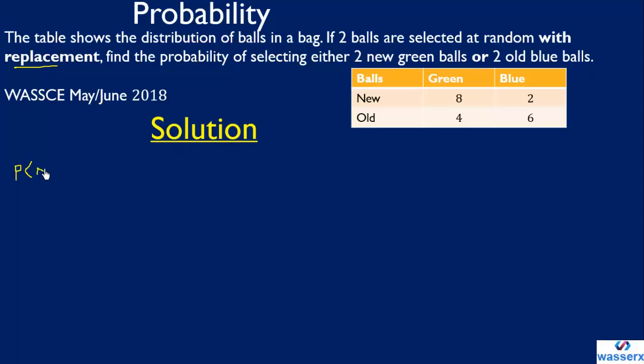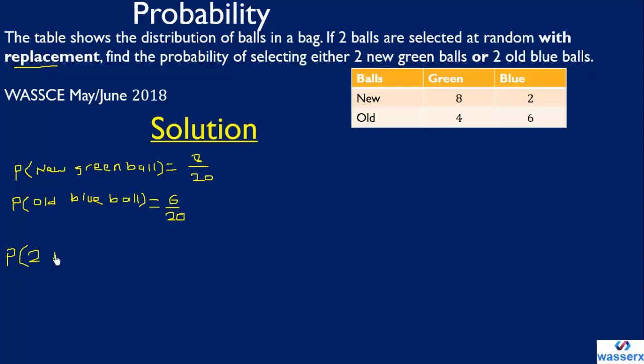So we know the probability of a new green ball is equal to 8 over the total number of balls, which is 20. Then the probability of an old blue ball is equal to 6 over the total number, which is 20. So now we are asked to find the probability of two new green balls or two old blue balls. So we find each of them and add them together.